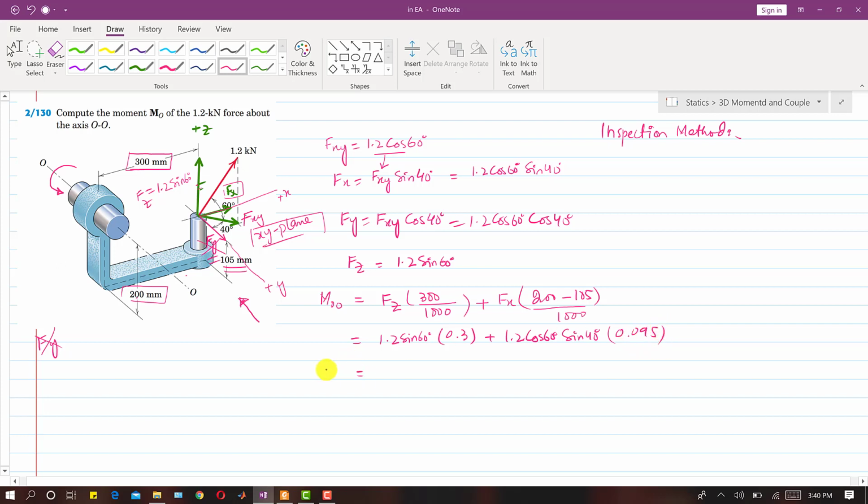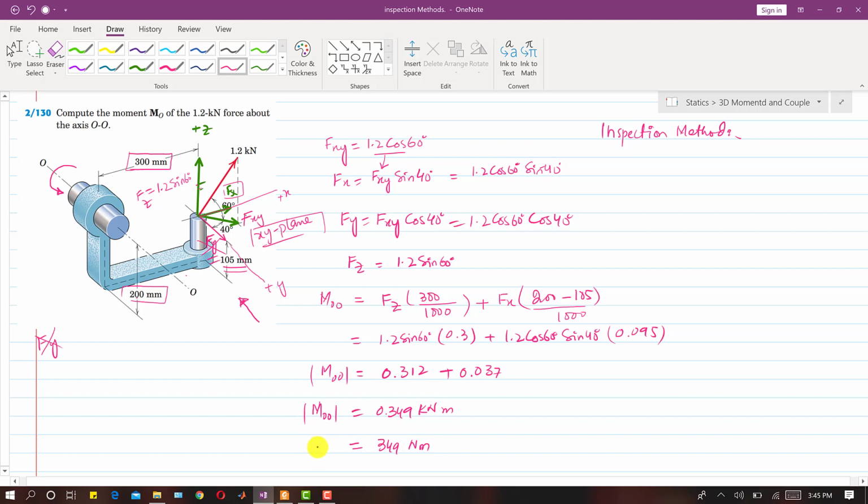If I solve this, this will be the magnitude of the moment about the OO axis. When I solve this, the magnitude of the moment about the OO axis comes out to be 0.349 kilonewton meter. And if we multiply this by 1000, it becomes 349 Newton meter, right?